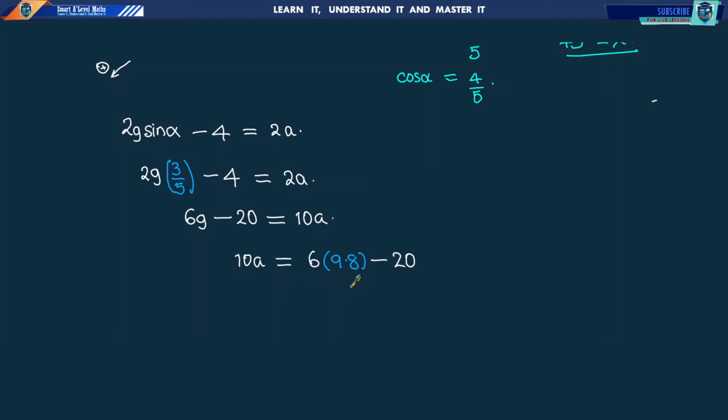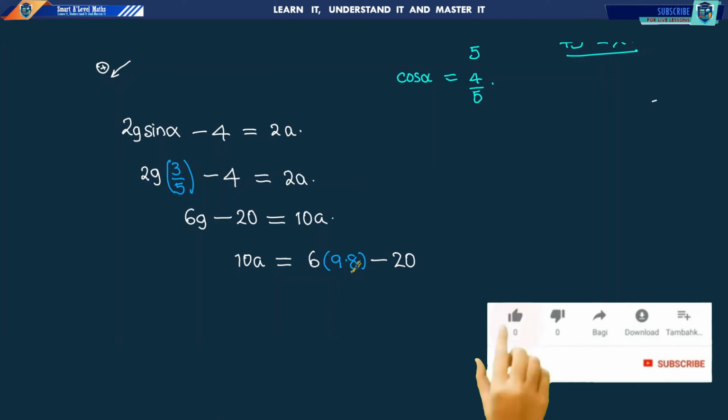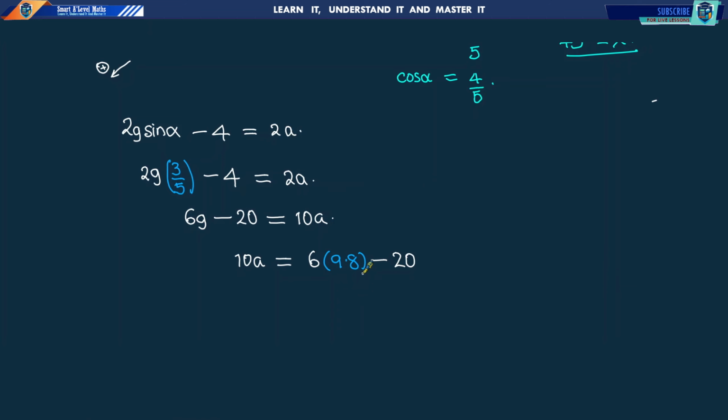Unless you are told to do so by the question saying use the value of g as 10, don't use g as 10 in mechanics, because you're going to get a wrong answer. So since the question is not specifying the value of g, then we're going to use g as 9.8. So at this point we can now go ahead and divide both sides of this equation by 10. So if we have 10 here, the 10 will have to disappear from the left hand side.